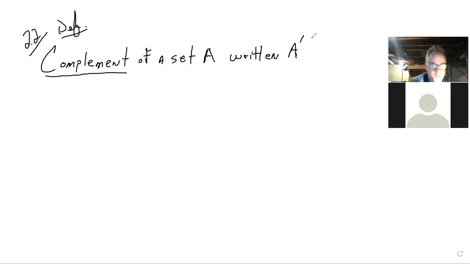And when you see that, it is a different set than A, and it is read complement of A or A complement. You can say it either way. But basically, it's everything that is not in A.